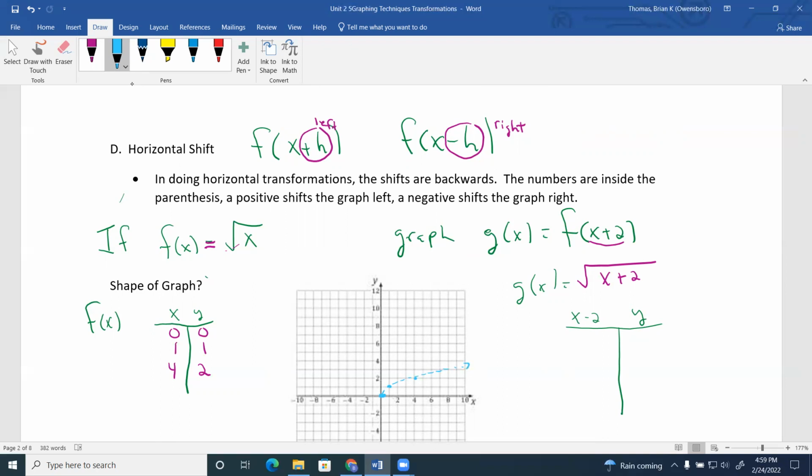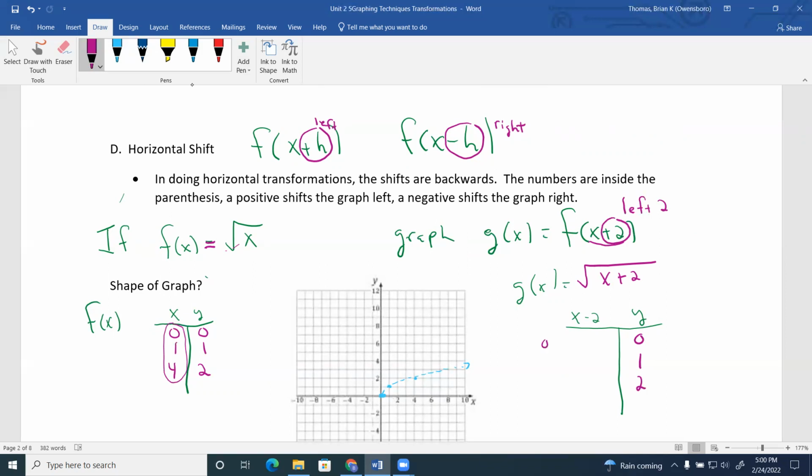Now, notice how when we graph this new function, the plus 2 was on the inside, which means this actually goes backwards. It's actually going to shift to the left 2. So what actually happens here is the x values are going to get affected. The y values are going to remain the same, so the y values are still going to be 0, 1, and 2. But on the x values, I have to lose 2 on each one of those, since it's going to shift everything to the left 2.